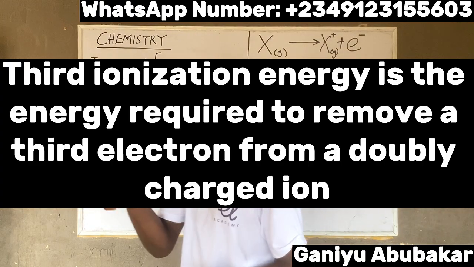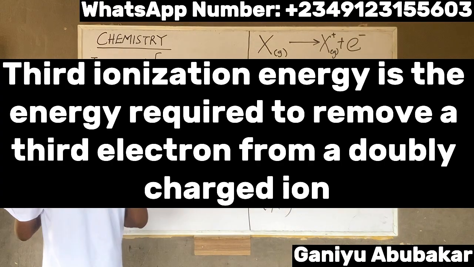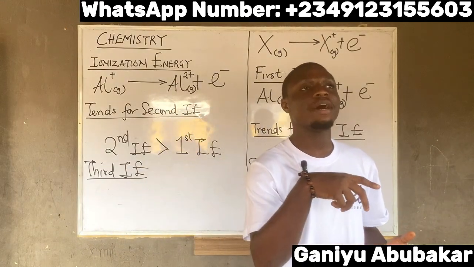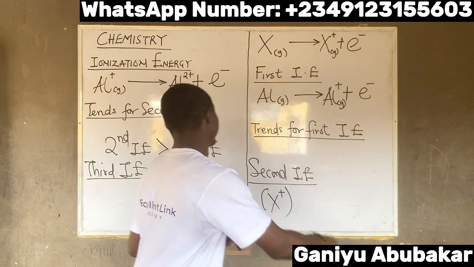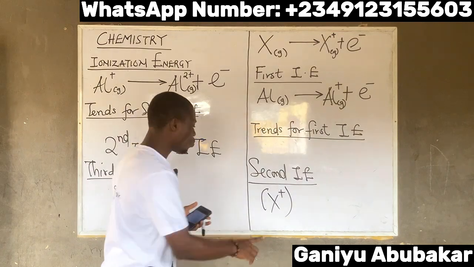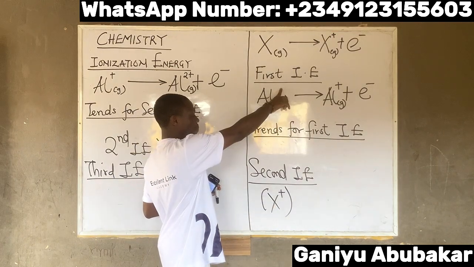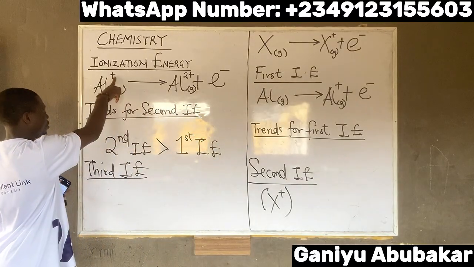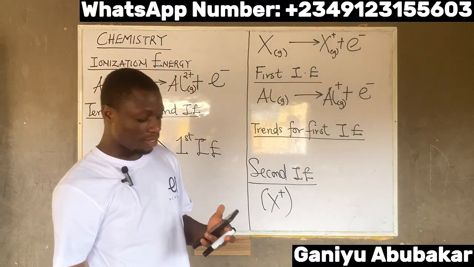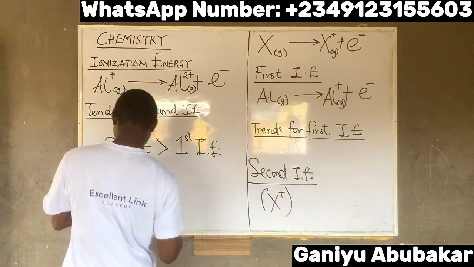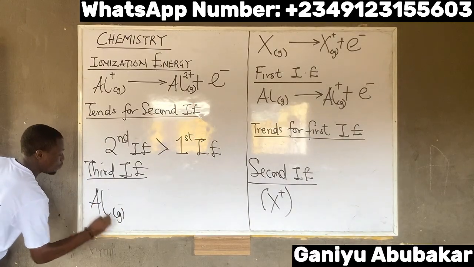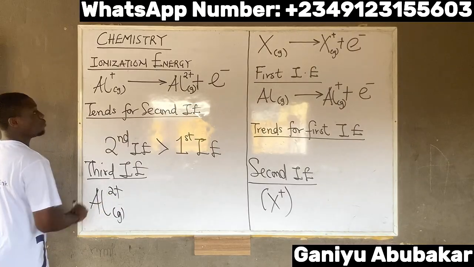That is, the ion is at 2 plus. In the case of second IE, the ion is at just 1 plus; here was neutral, then 1 plus. So for a doubly charged ion, I'll be having something of this nature: Al2+, Al in gaseous form with 2 plus, because it should be a doubly charged ion.